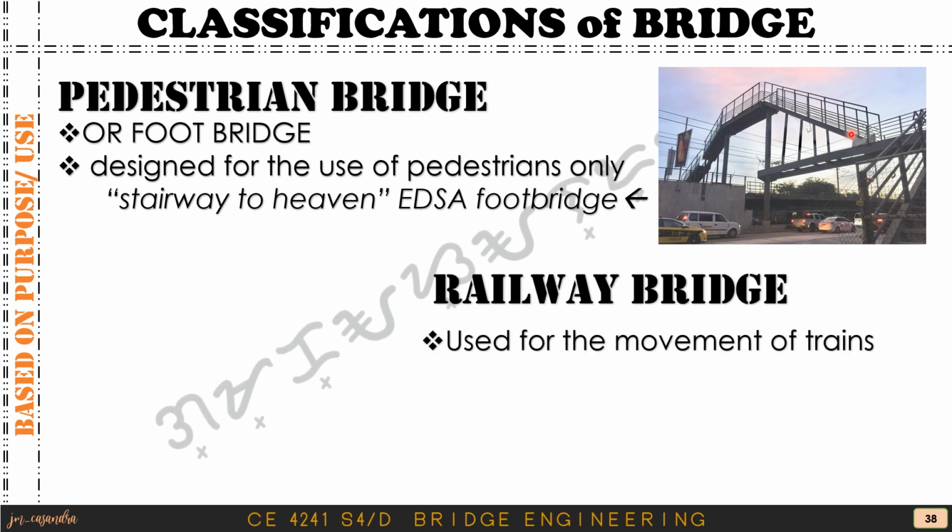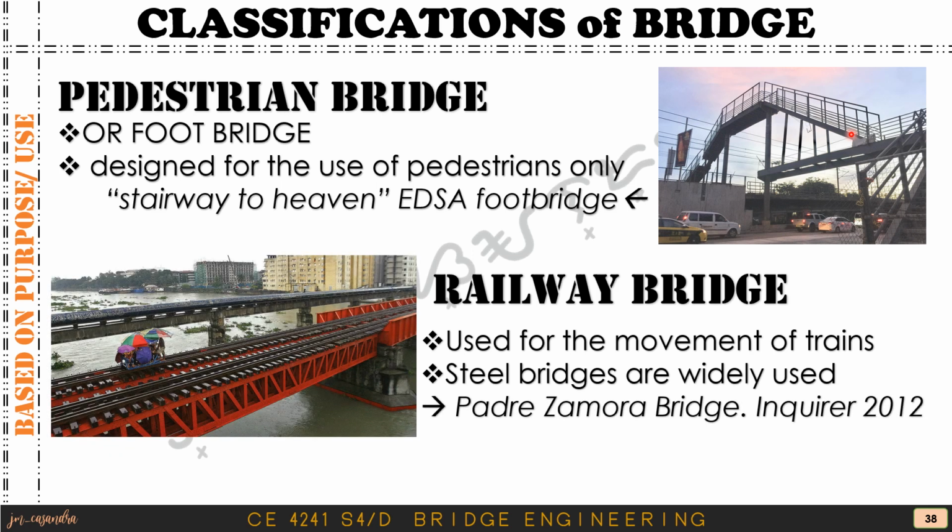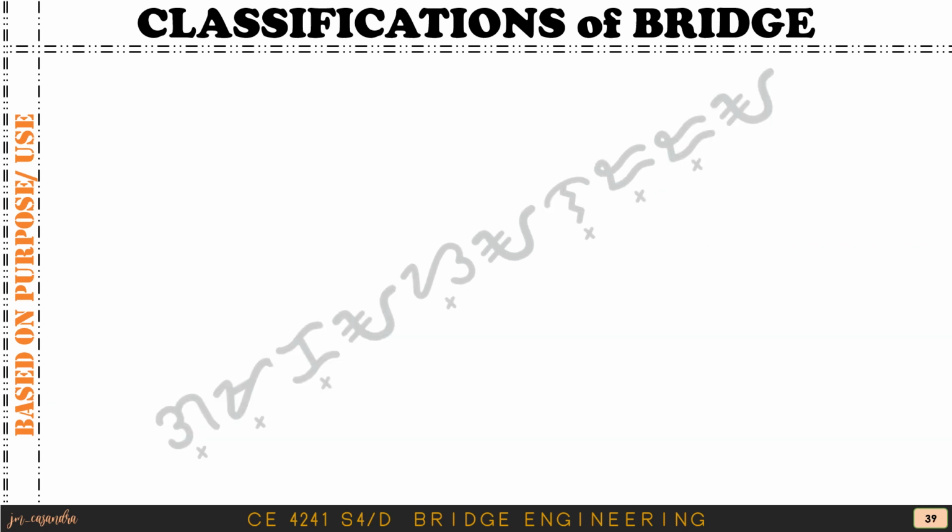Railway bridges are used for the movement of trains. Usually, steel bridges are used for its construction. Here we have the Padre Zamora Bridge found in Manila. It's for the use of trains, but what uses it is the trolley.